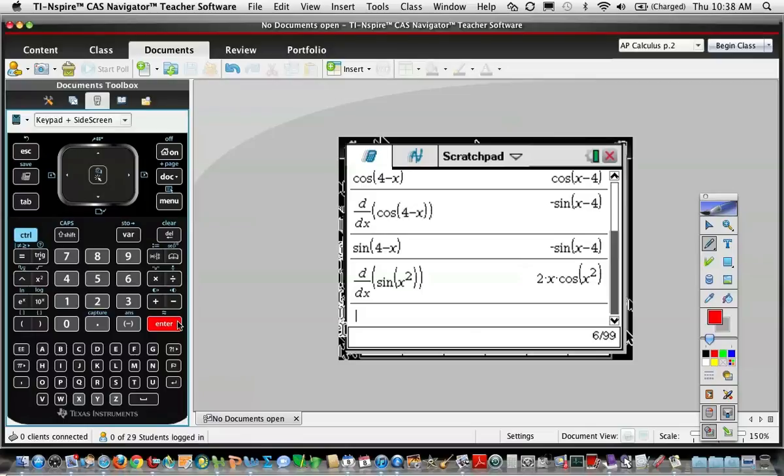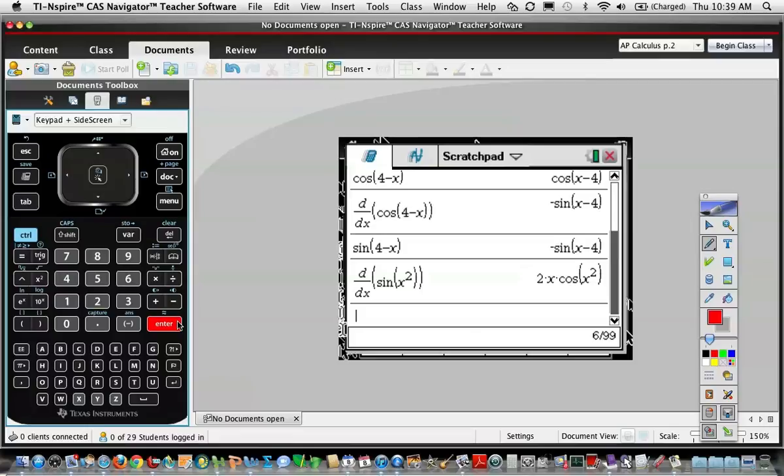We do the derivative of the outside, which is sine. The derivative of sine, excuse me, is cosine. What do we do with the inside? We leave it alone. So the g of x is untouched. So the derivative of the outside is f prime. We leave the g of x alone times g prime of x. That is the chain rule right there.